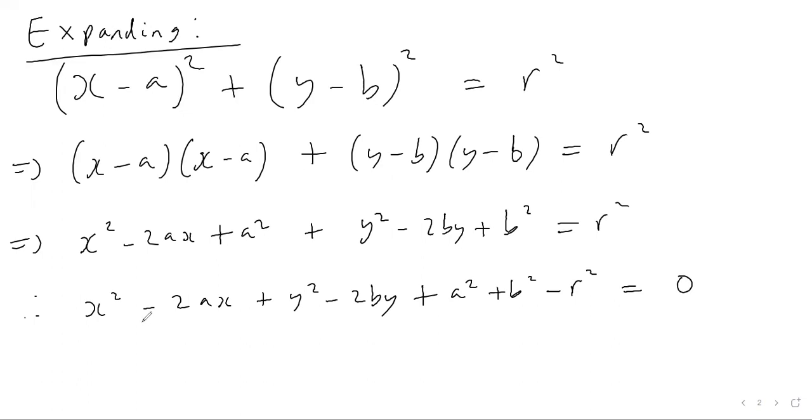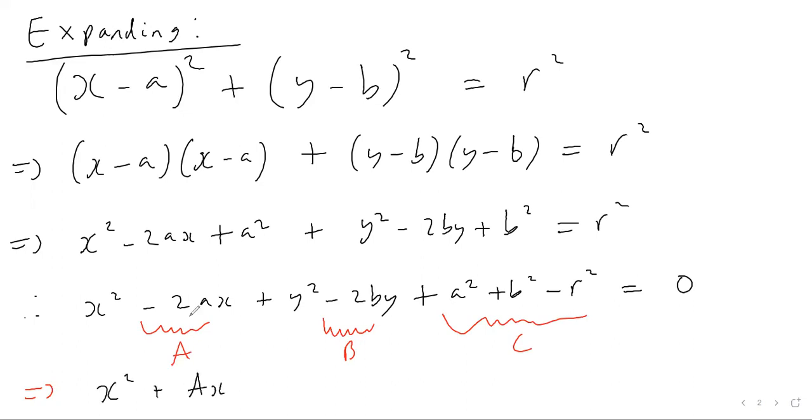Okay, so I can also write this in a different way as well. If we just call this number there capital A, let's call this number here, this minus 2b, capital B, and let's call this constant over there, capital C. So what we get then is x squared plus capital A lots of x.